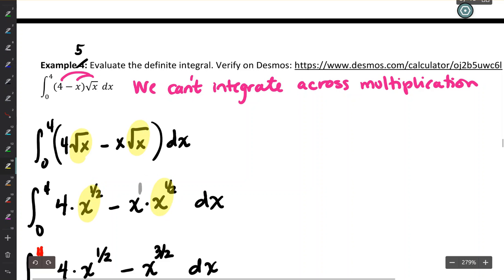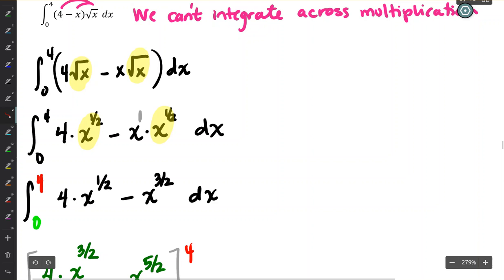And now using these laws of exponents, again just cleaning up this algebra, we've got a constant times a function of x, great, I'm happy with this, minus x times x to the 1/2 power. Base is the same, so add those exponents. 1 plus 1/2 is 2/2 plus 1/2, which is 3/2. So this is just algebra from here to here.